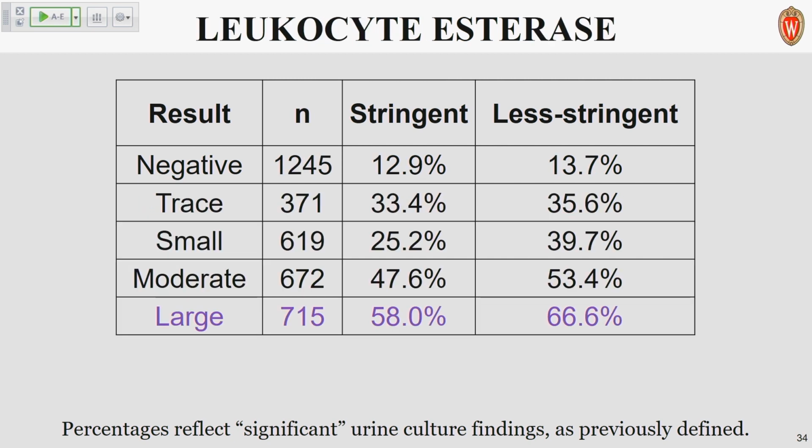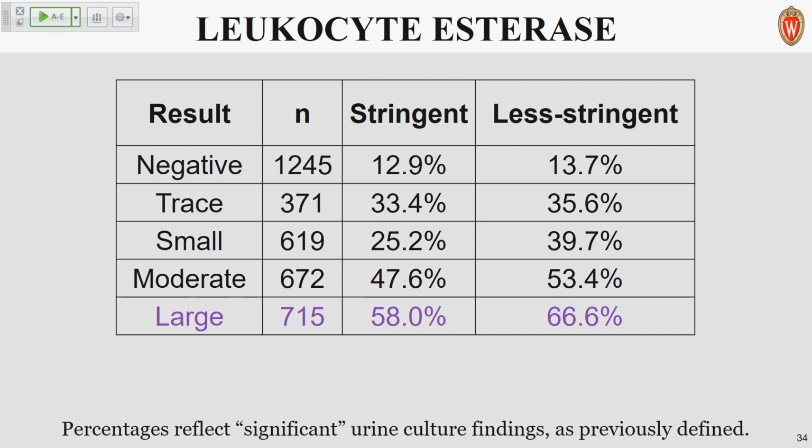Next one. Leukocyte esterase, all right? And in some systems, this is viewed with the naked eye. There are some instruments that can also give you a result of negative versus moderate versus large based on the amount of purple in there. But look at the predictability of a positive leukocyte esterase result. Much lower than what it is for nitrite results, right?